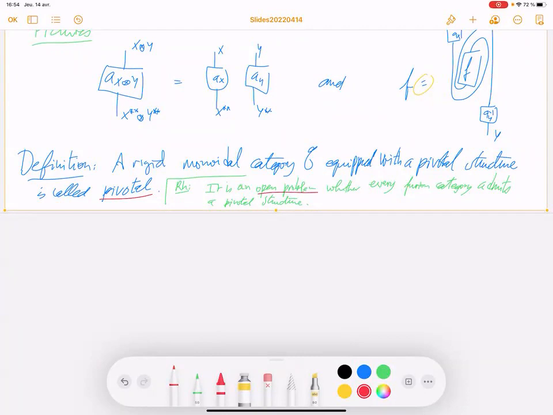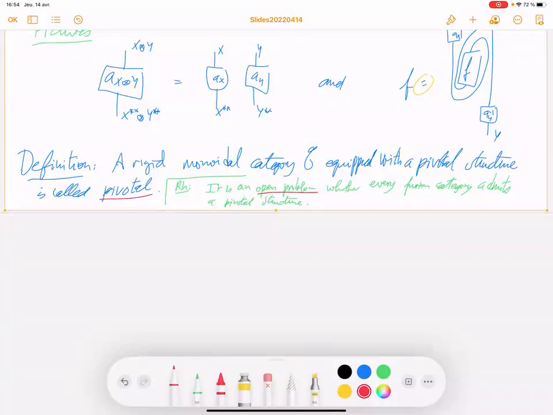It looks like the problem of pseudo-unitary that I mentioned, but recently we found something without a pseudo-unitary structure. So maybe there exists a fusion category without a pivotal structure, but we don't know one yet.